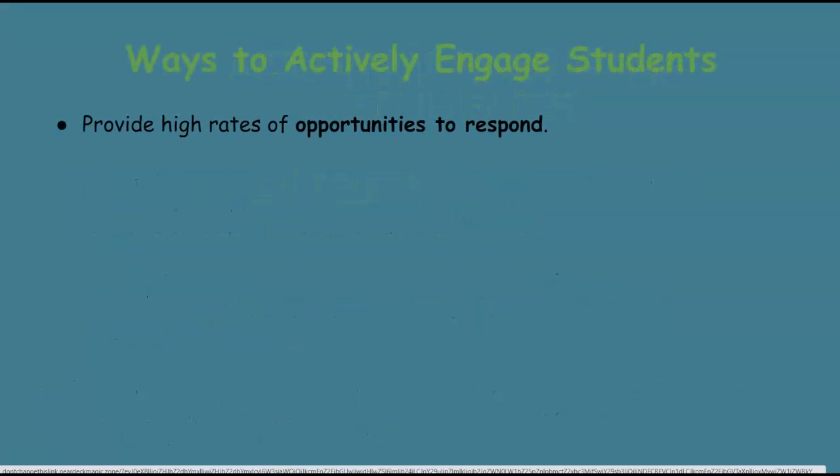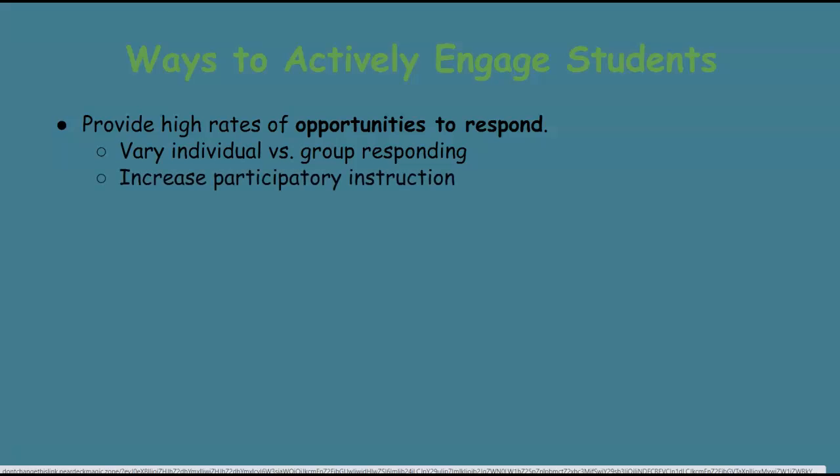Ways to actively engage students. One way is to provide frequent opportunities to respond. You could do individual versus group response. You can increase participatory instruction, and think of ways you could do that.